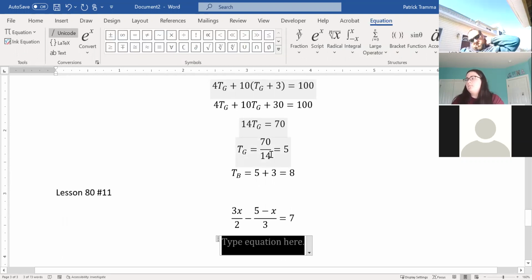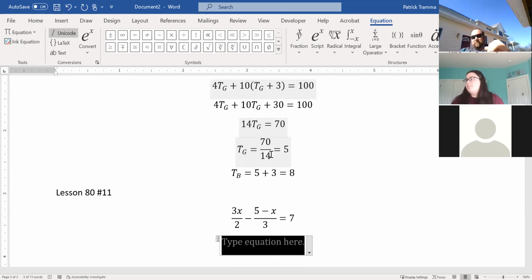Would you make the 7 into a fraction, or would you make the other 2?